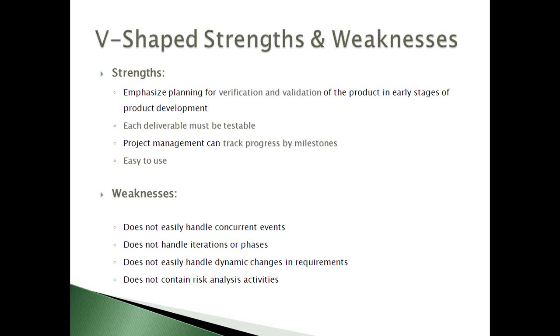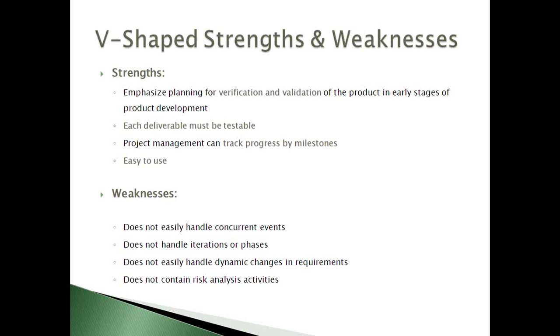And each deliverable must be testable, and the project management can track the progress with the milestones set for the development of the project in relation to the different phases.